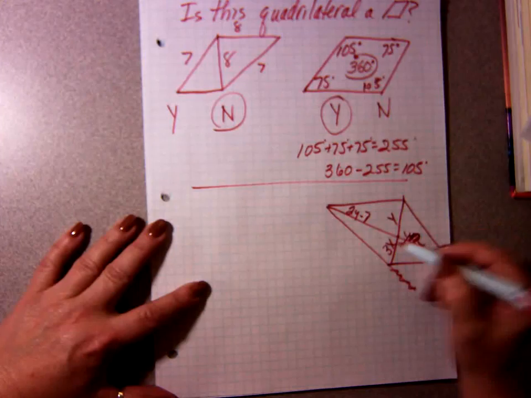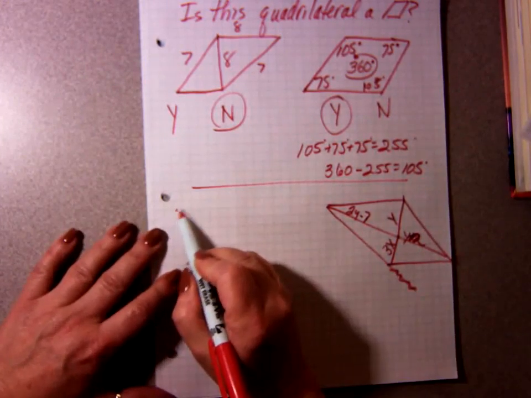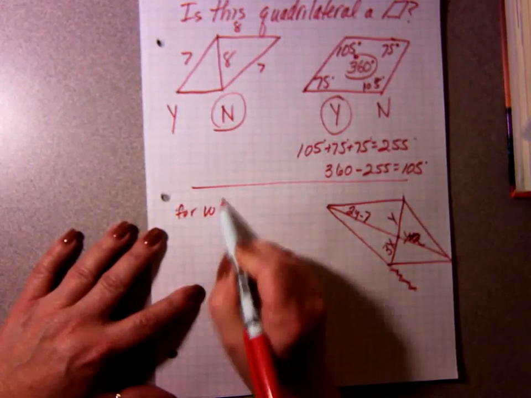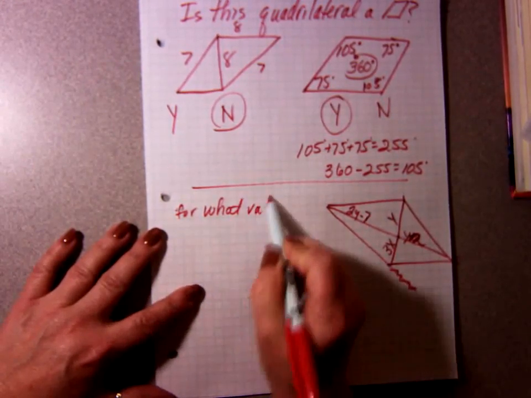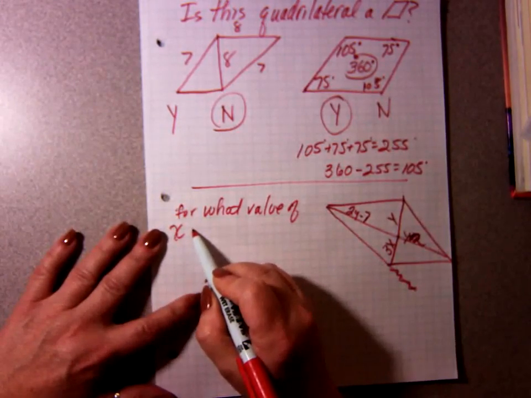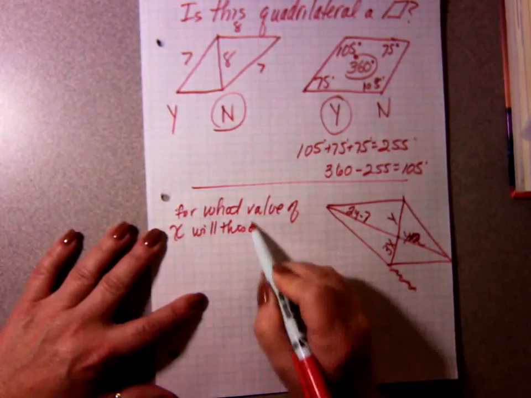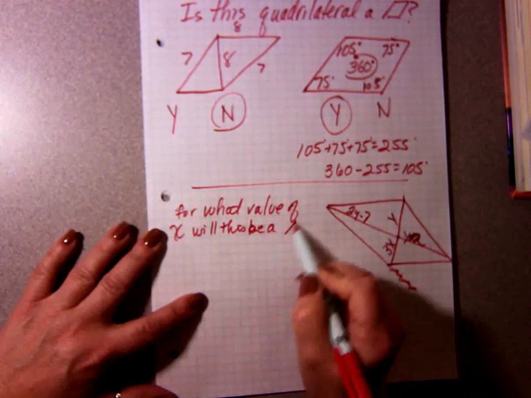This side is y and this side is 3x. For what value of x will this be a parallelogram?